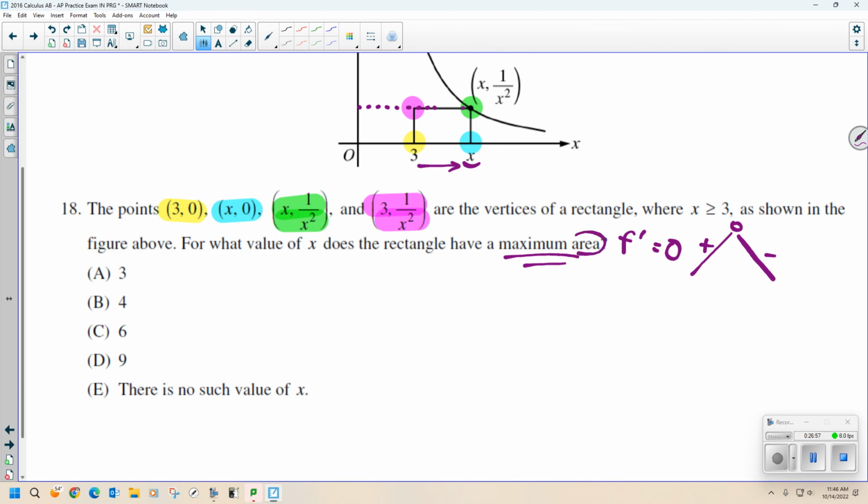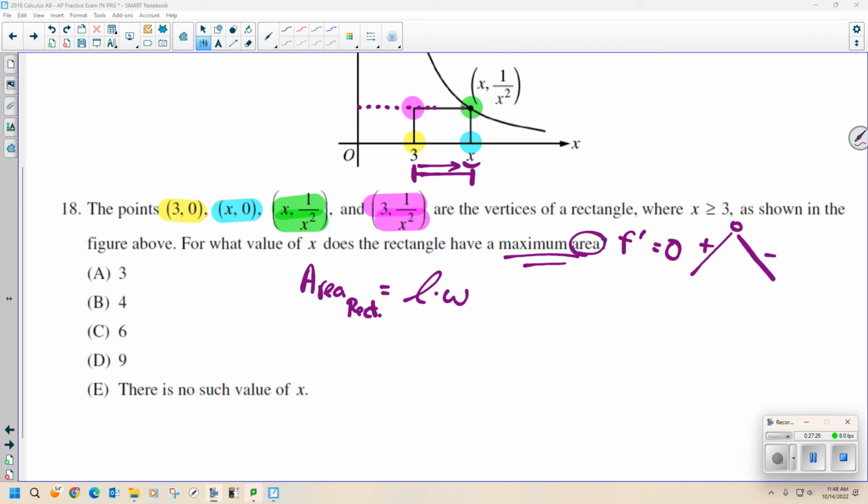Maximum area. What is the area of a rectangle? It's length times width, okay? My length is this right here, from 3 to whatever x is.